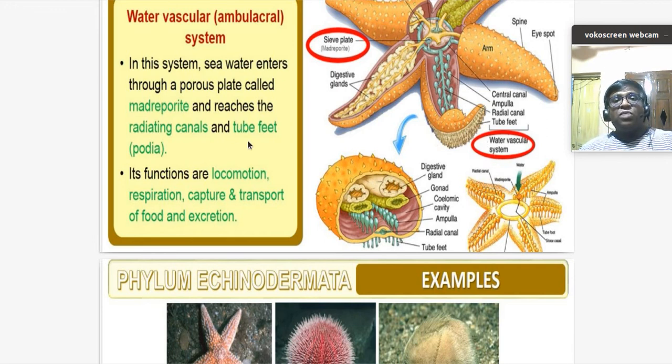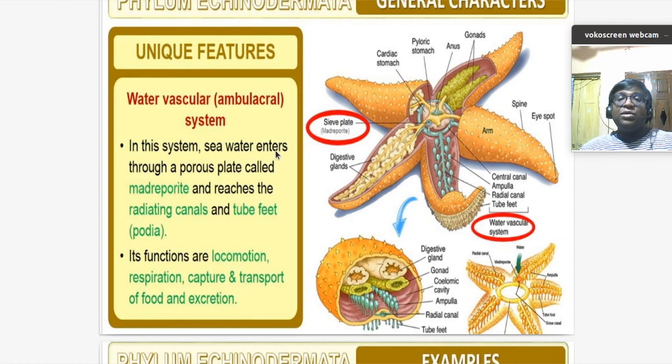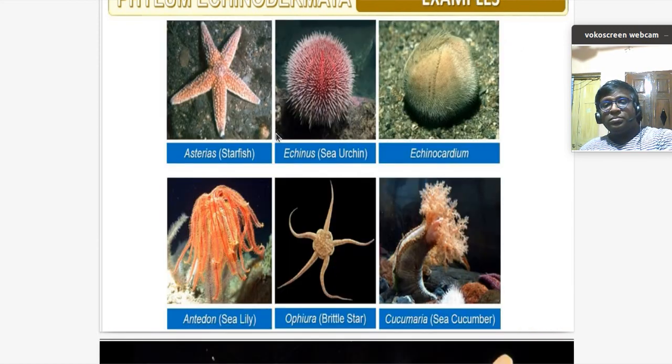The functions of the water vascular system are that it helps in locomotion, respiration, that is exchange of respiratory gases. They also capture and transport food, and they also help in removal of nitrogenous waste. They don't have an excretory system. The water vascular system, which is also called the ambulacral system, does the job.